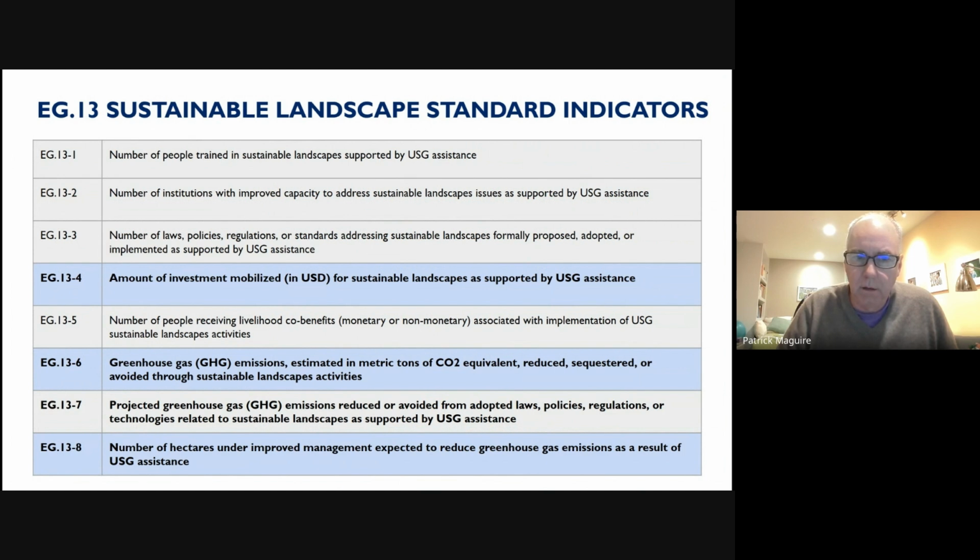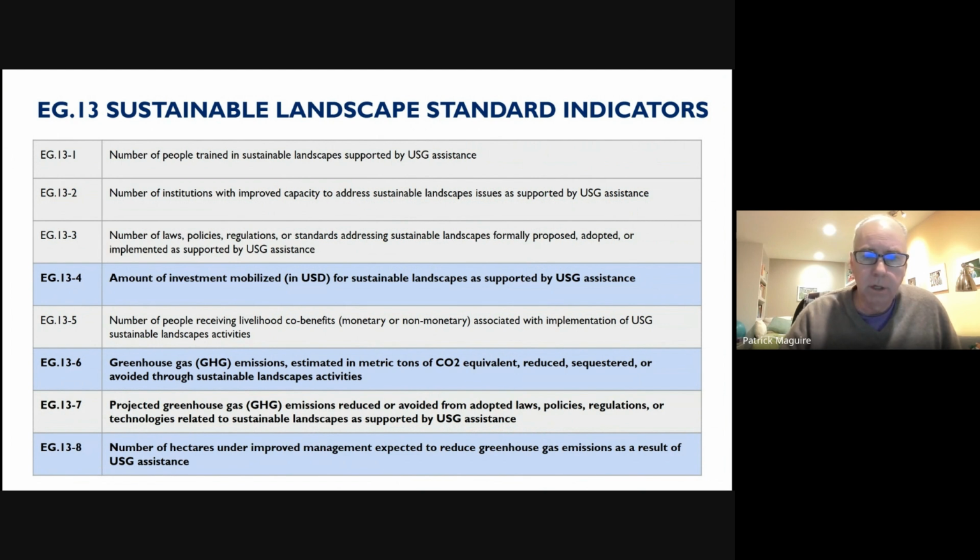And then again, 13.4, 13.6, and 13.8 are considered the priority climate indicators for sustainable landscapes. And they align with some of the key climate strategy targets that we talked about on the previous slide. A fundamental concept I want to highlight here is that the SL indicators are required as applicable.